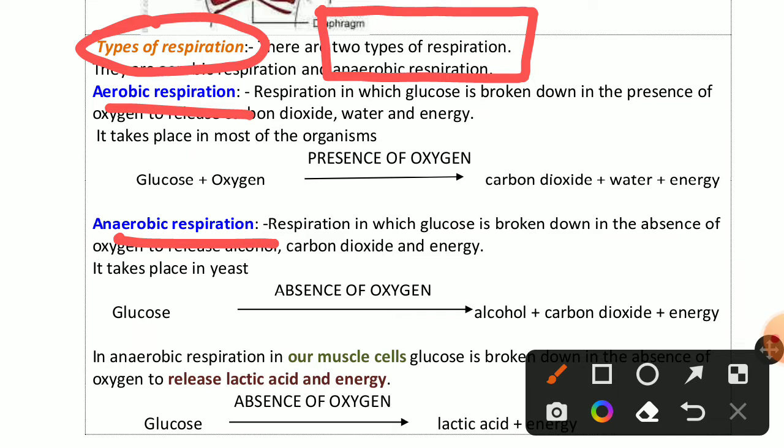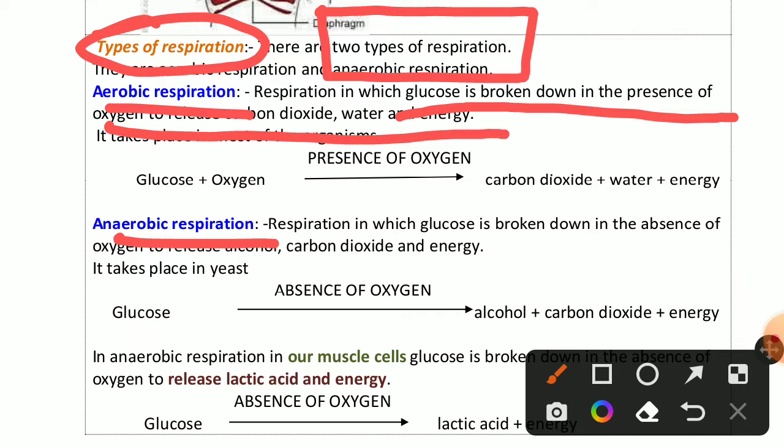Aerobic respiration is respiration in which glucose is broken down in the presence of oxygen, releasing carbon dioxide, water and energy.